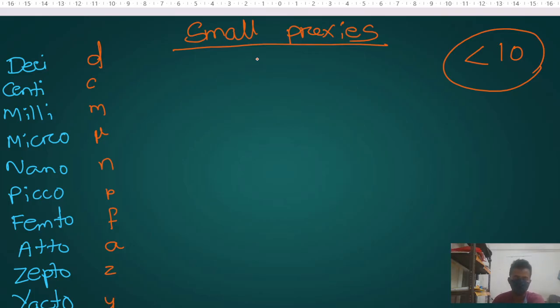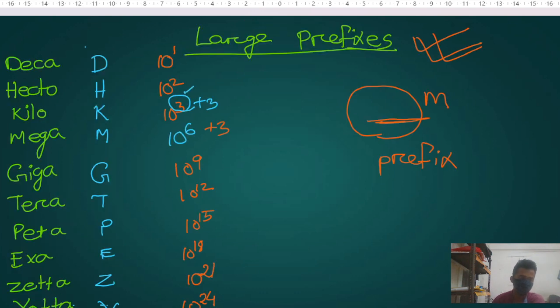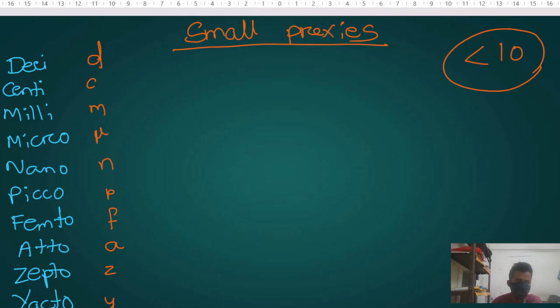Like large prefixes, I can write all the values. Here it is the same for all, but the only difference is that in large prefixes we use a plus sign before the numbers, while in small prefixes the power of 10 has a minus sign.